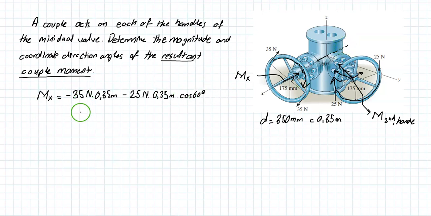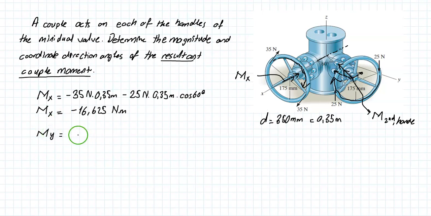Right, so this gives me a moment x value of minus 16.625 Newton meters.